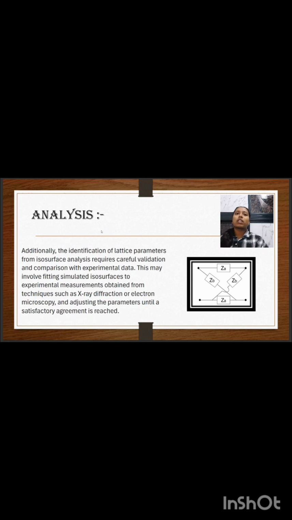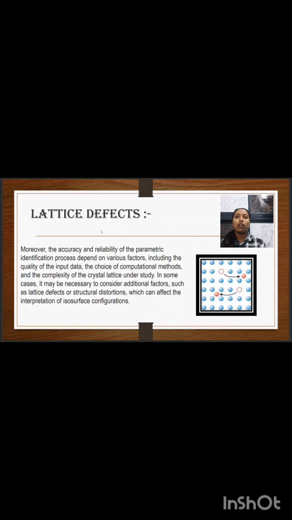Lattice defects. Moreover, the accuracy and reliability of the parametric identification process depends on various factors, including the quality of the input data, the choice of computational methods, and the complexity of the crystal lattice under study. In some cases, it may be necessary to consider additional factors such as lattice defects or structural distortions, which can affect the interpretation of isosurface configuration.